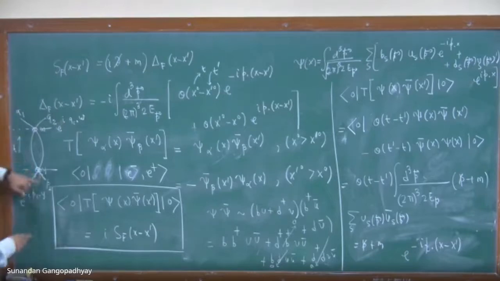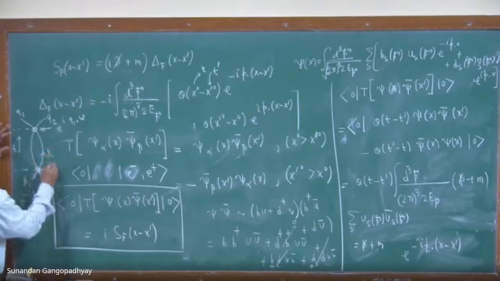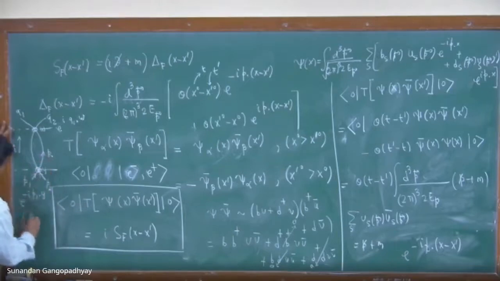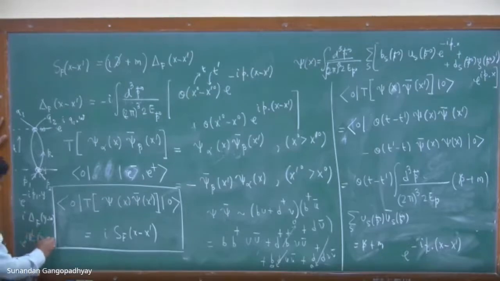And for this propagator, if the momentum is k, there is only one loop momentum, so you have i delta F (y minus w). Taking this as y and this as w, when Fourier transforming I write e to the power of i k dot (y minus w).